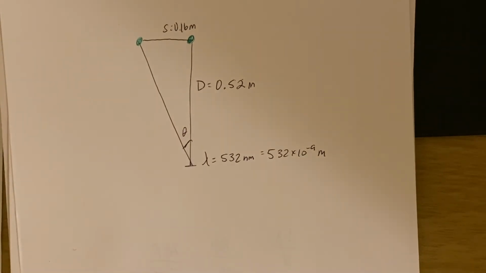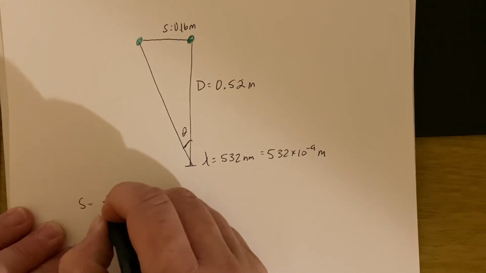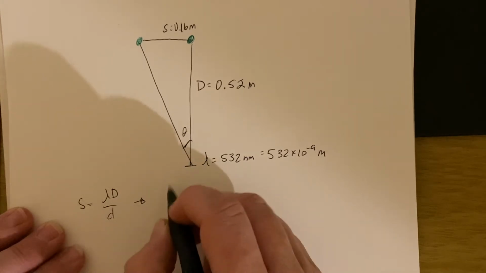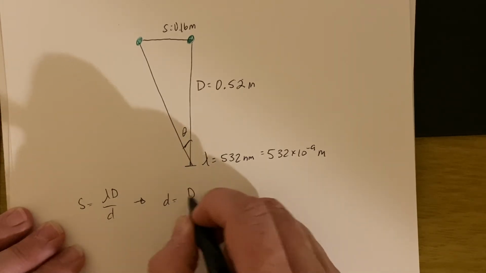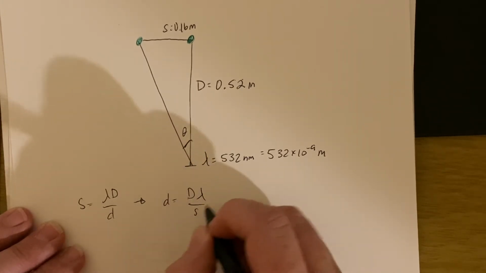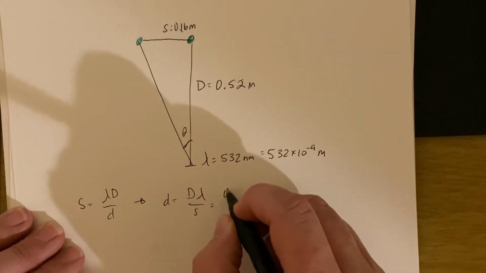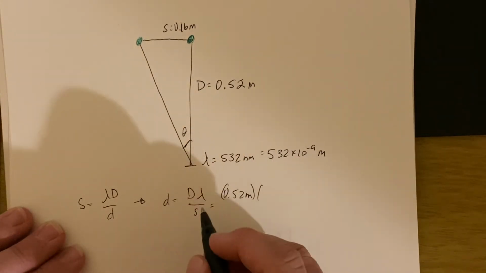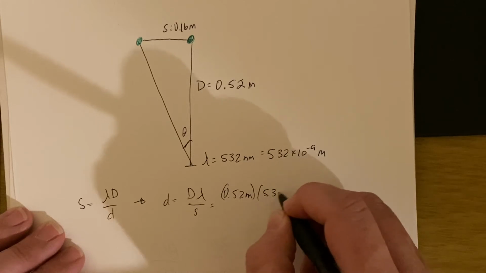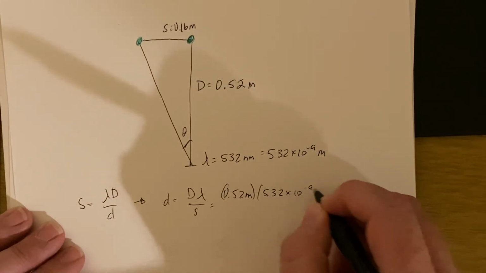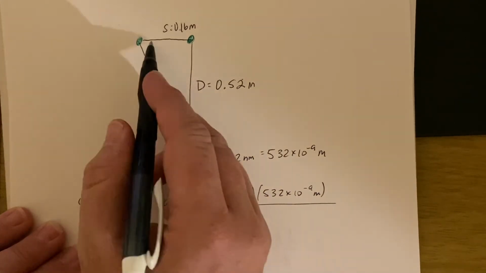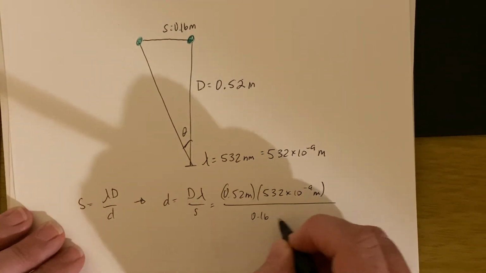And so we can say that S is equal to lambda D over little d, and we can rearrange that to say that little d is equal to big D times lambda over S. And so we can say 0.52 meters for our big D times our wavelength of 532 times 10 to the negative 9th meters over our S up here of 0.16 meters.